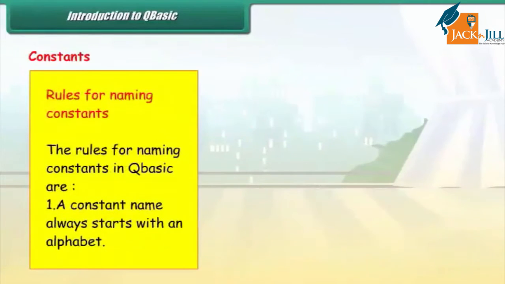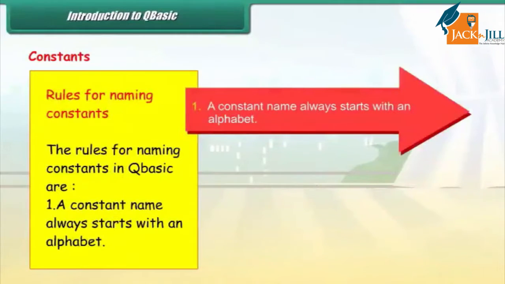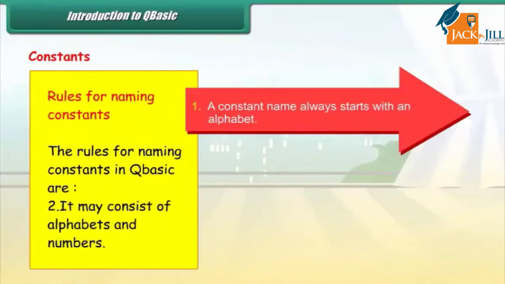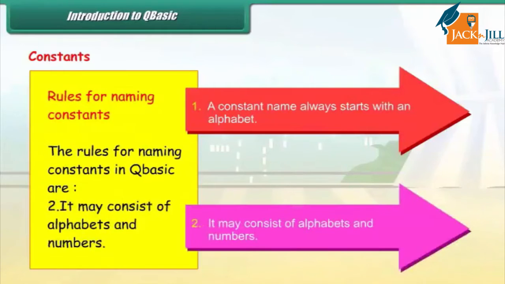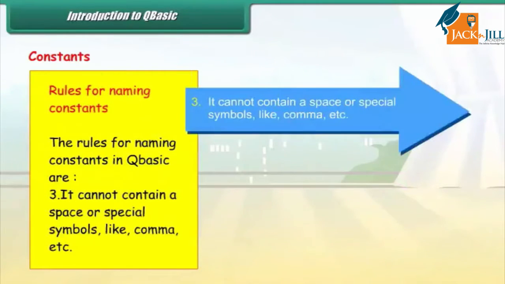Rules for naming constants. The rules for naming constants in Qbasic are: 1. A constant name always starts with an alphabet. 2. It may consist of alphabets and numbers. 3. It cannot contain a space or special symbols like comma, etc. 4.